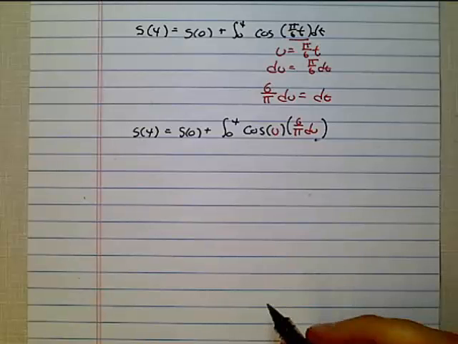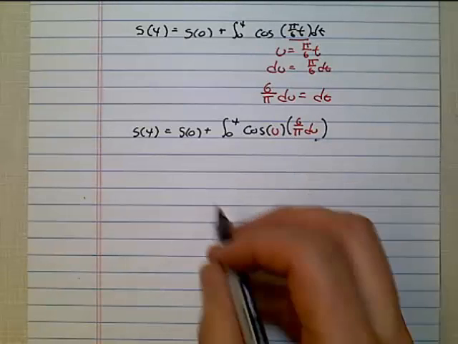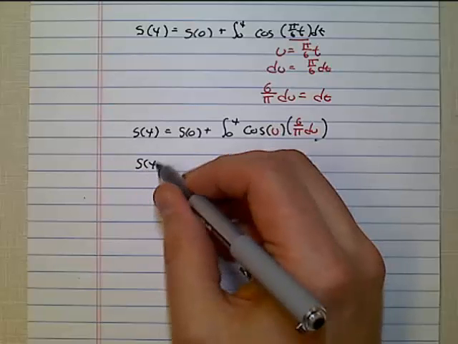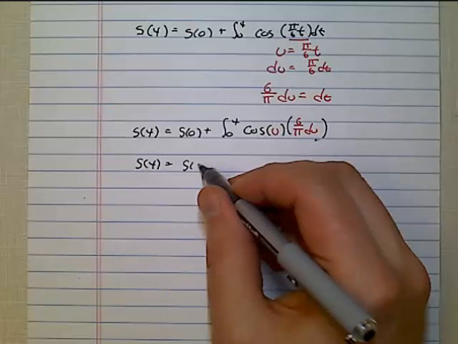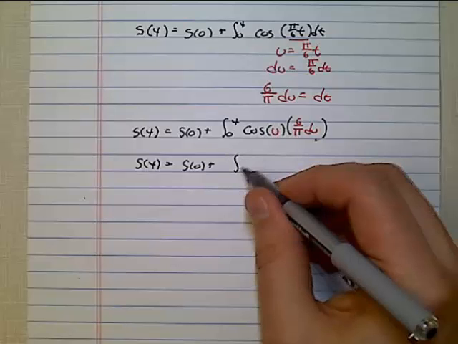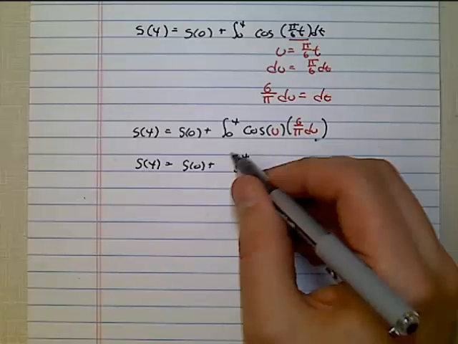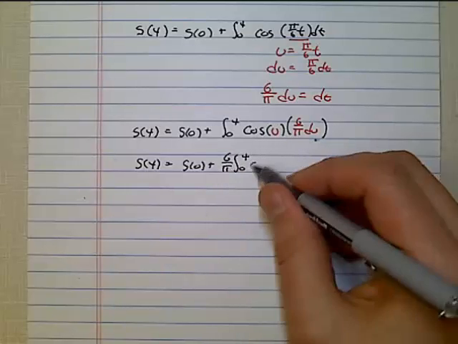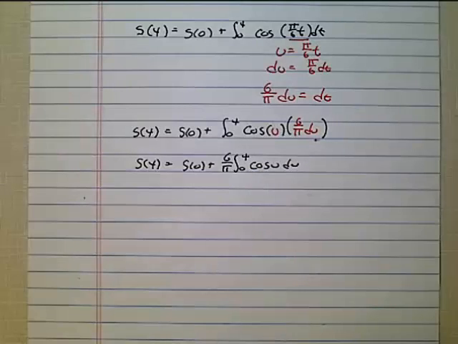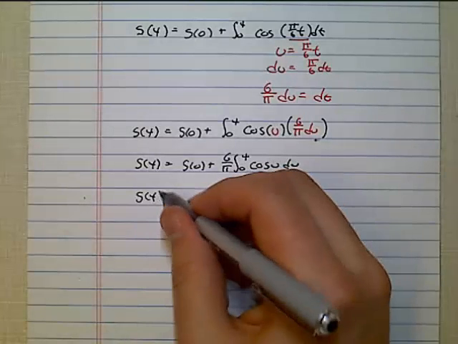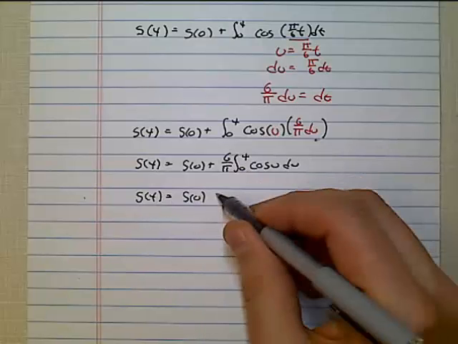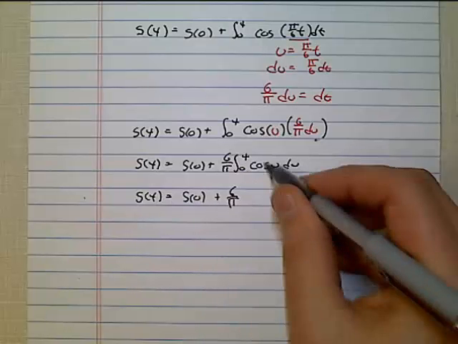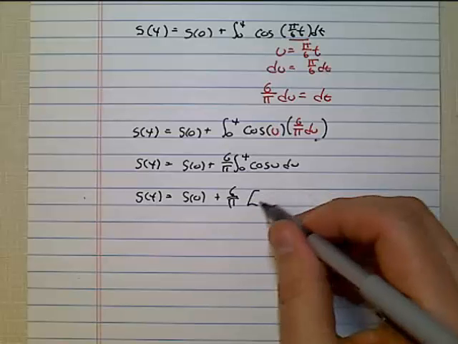Now we're ready to pull the 6 over pi out and do the integral. So our s of 4 is equal to s of 0 plus the integral from 0 to 4, and we can bring our 6 over pi out and call this integral of cosine u du. I'm just going to keep bringing everything else down. And we know the integral of cosine u is sine of u.